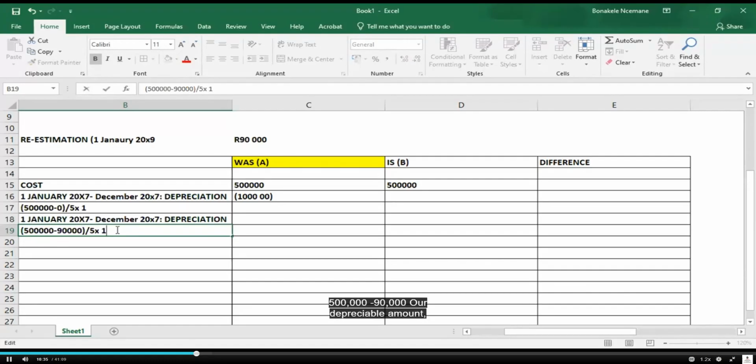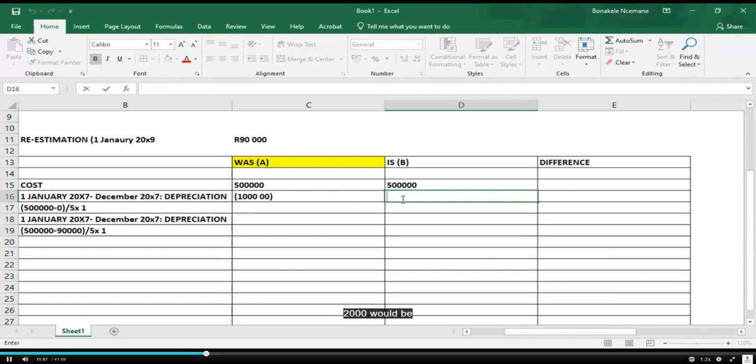Our depreciable amount, therefore, would have been 410,000. From our calculator, 410,000 divided by 5 would give us 82,000.